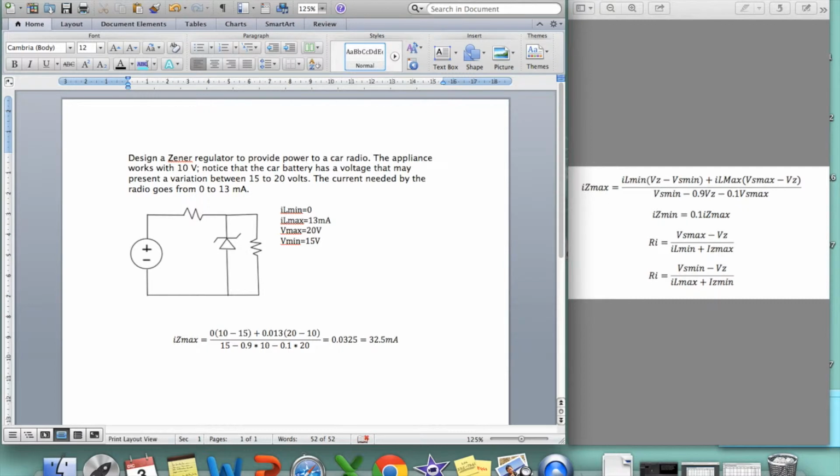We need to calculate IZ minimum, which is 0.1 of IZ maximum, which equals 0.00225, which equals 2.25 milliamperes.